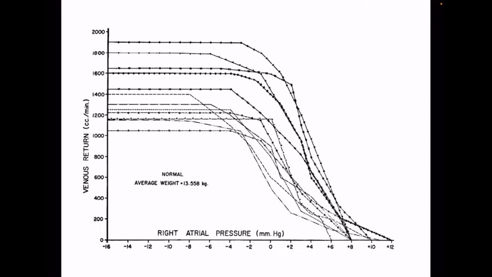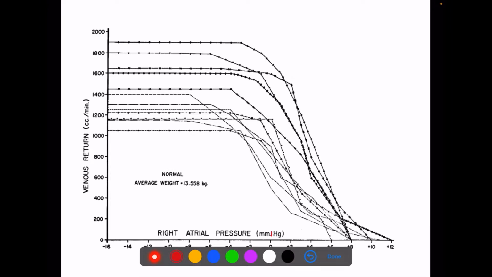Next is the important concept of venous return. These were experiments done by Guyton in isolated hearts. In this, it was found that the venous return is almost constant as long as the right atrial pressure is 0.